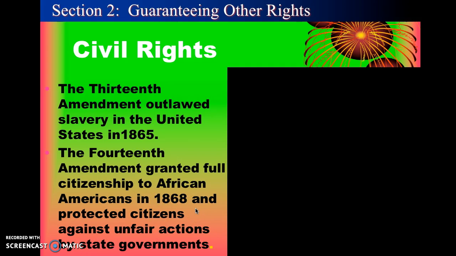It's going to take almost another 100 years before Congress is going to put into place other forms of legislation that are going to help African Americans in this country. Almost another 100 years.